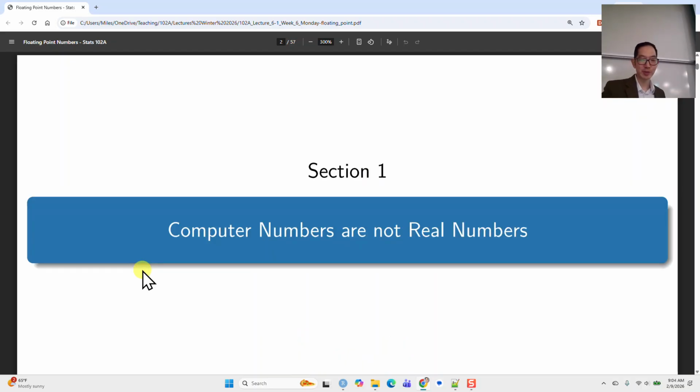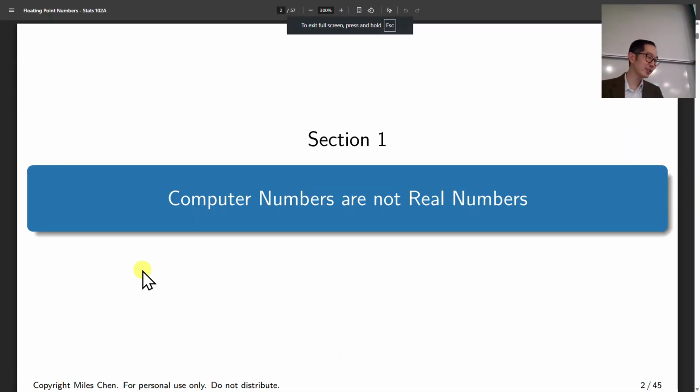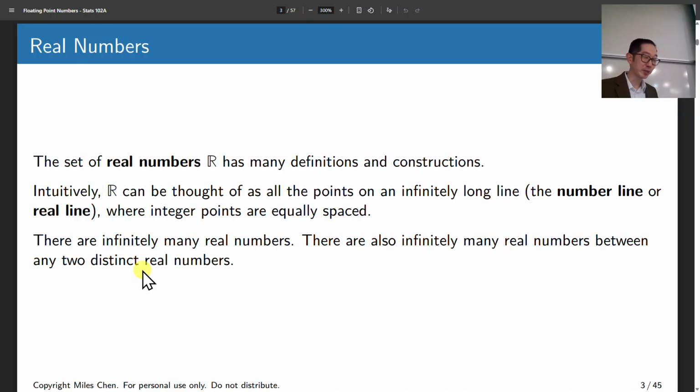So the big point of today's lecture is that computer numbers are not real numbers. We'll dig into what I mean when I say that, and show you examples of where computer numbers behave very differently from real numbers.